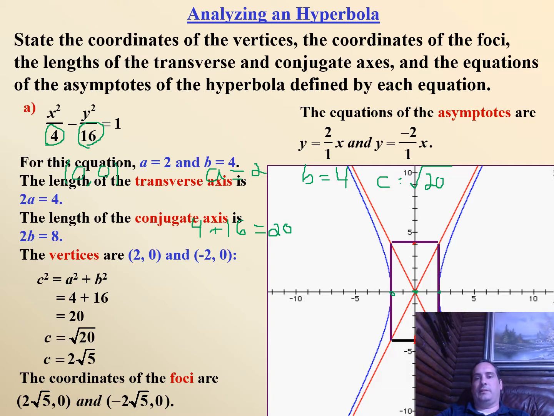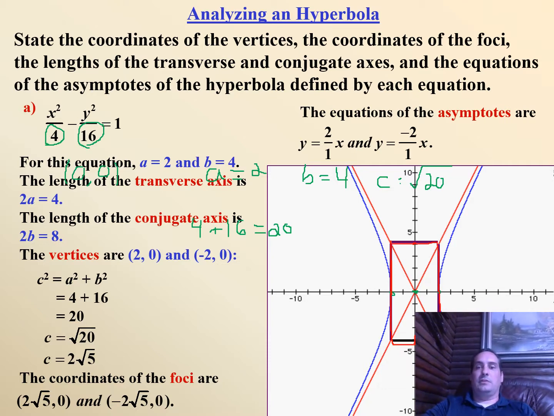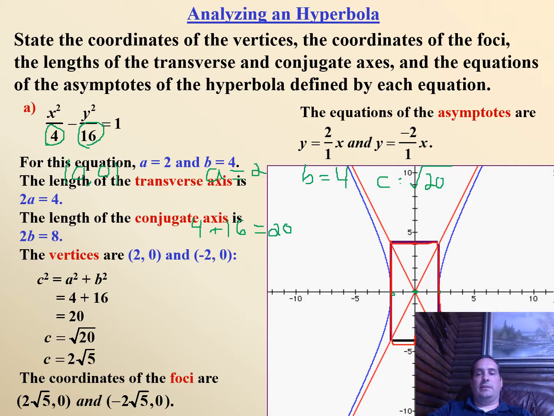Create a box around this. Your asymptotes are going to go through the corners of the box you just created. Once you create the asymptotes, it's really easy, because all you do is draw the hyperbola that goes along the asymptote, hits the vertex, and then goes back along and just keeps following the asymptote. And that's it.